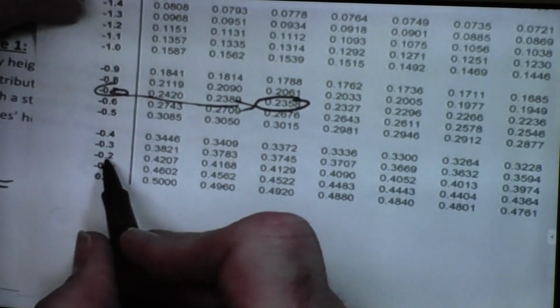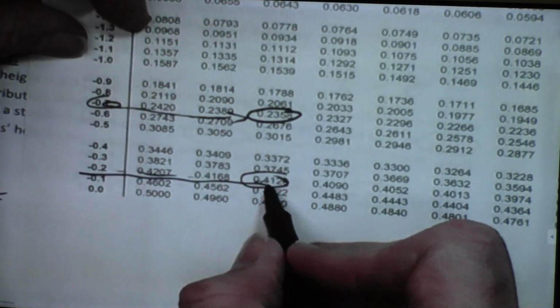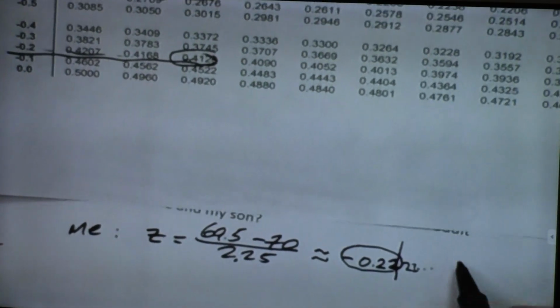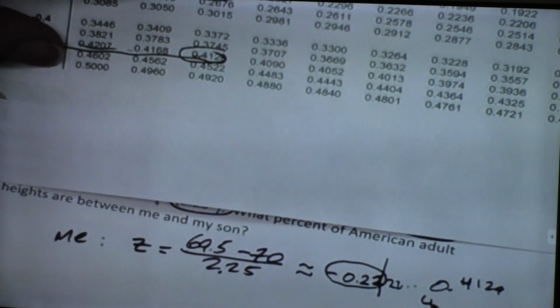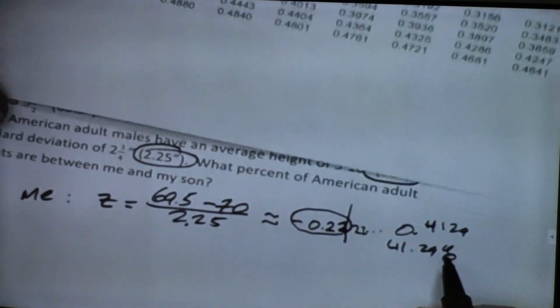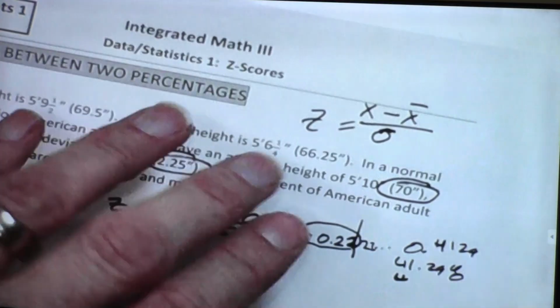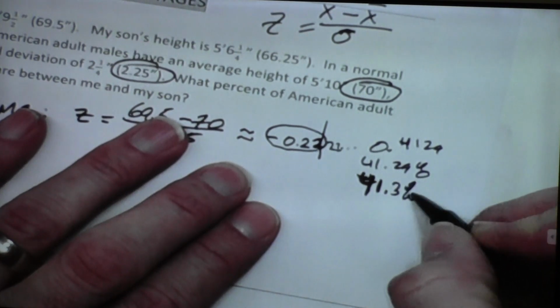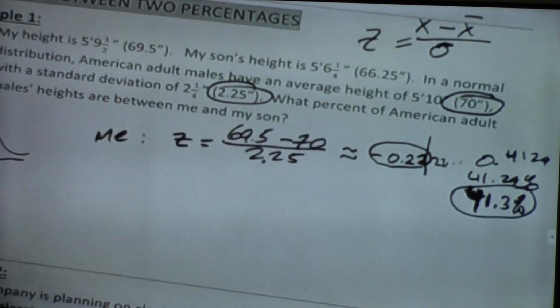So negative 0.2, and this is the 2 column over here. 0.4129, which would be 41.29%, or 41.3%. So 41.3% of American males in the United States are shorter than me.